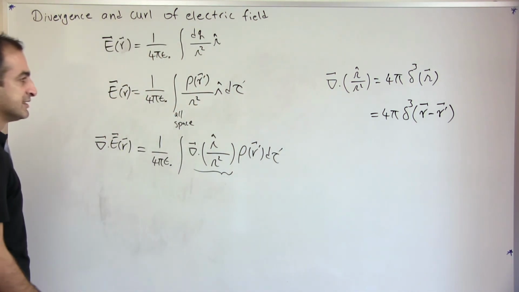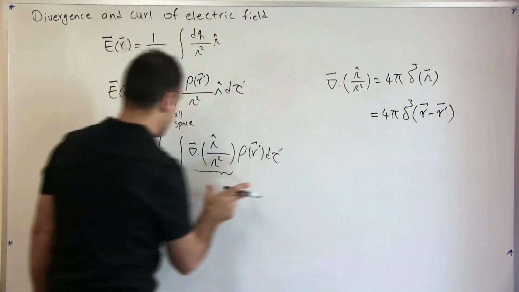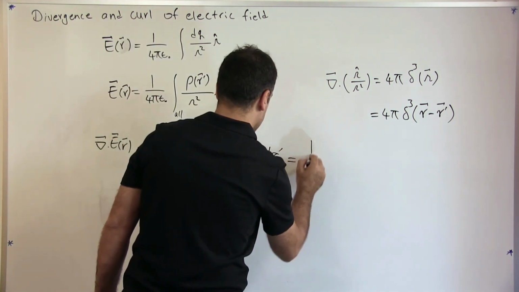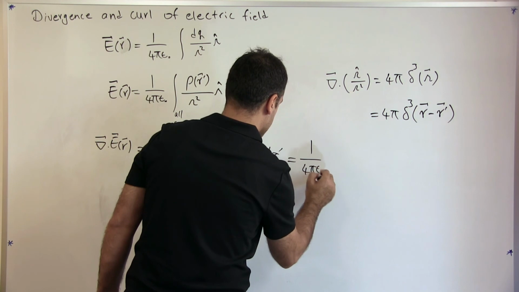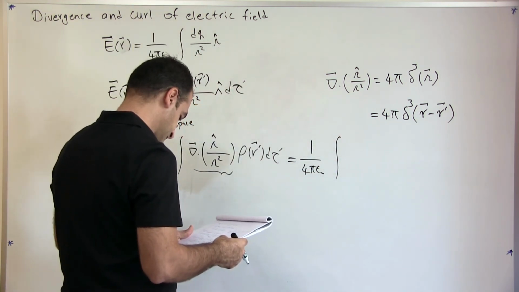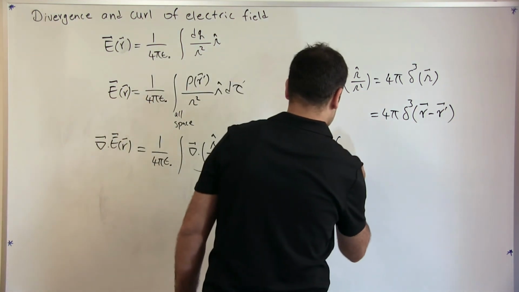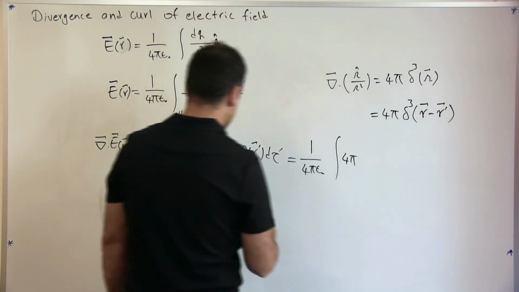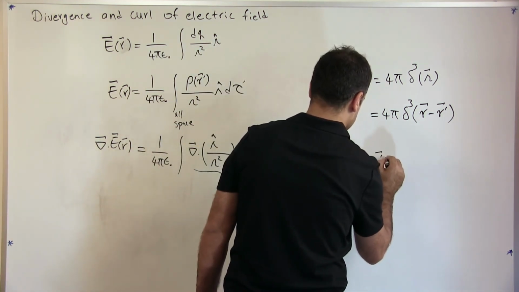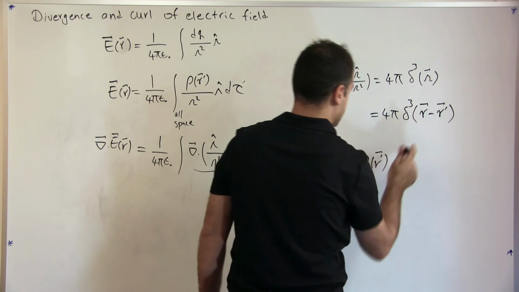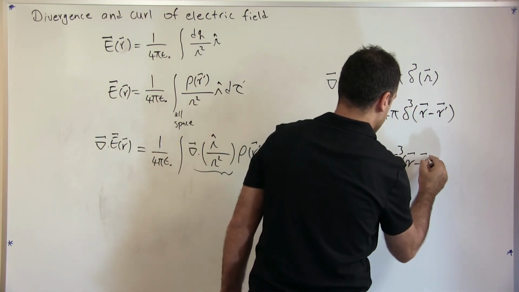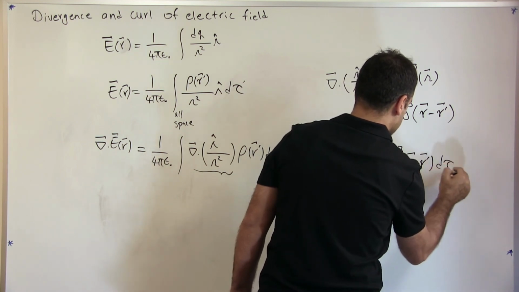Okay, so this is what we have here. So this should be equal to the integral of 1 over 4 pi epsilon 0, the integral of 4 pi, we have rho of r prime, we have delta function, delta 3, r minus r prime times d tau prime.